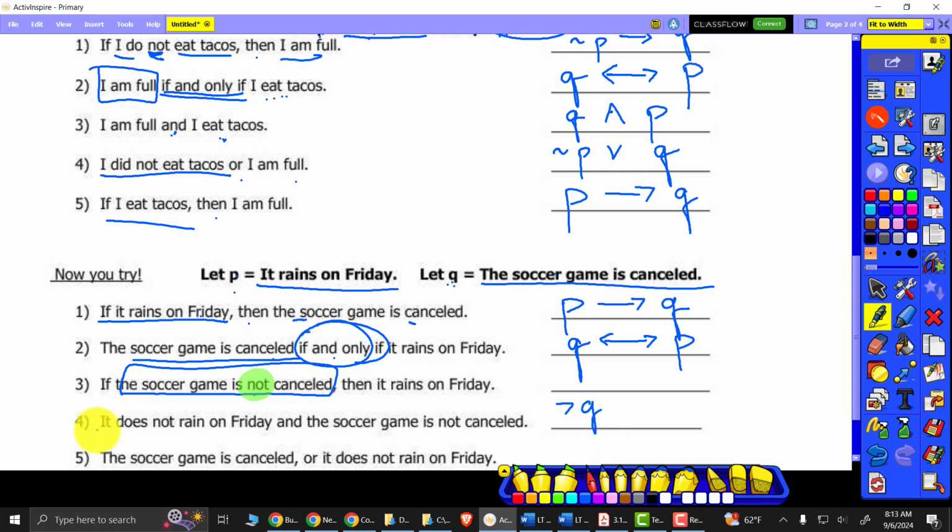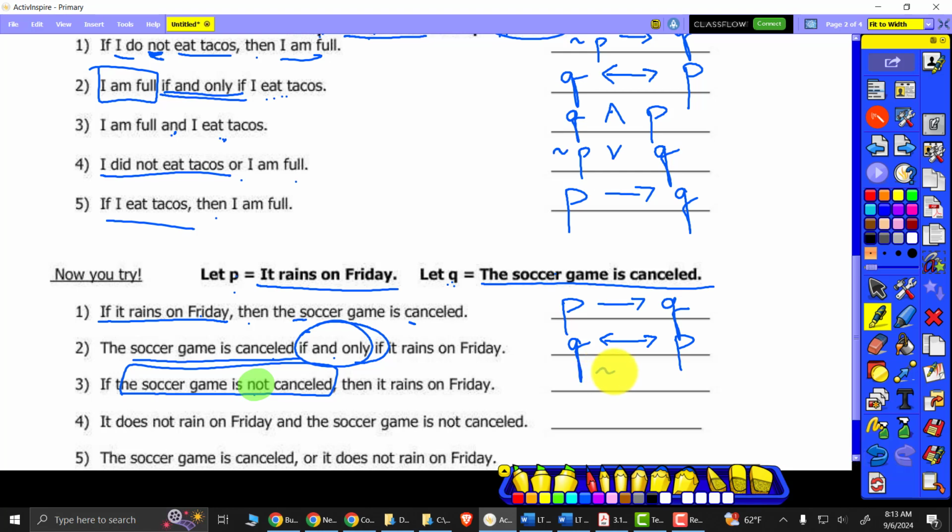I wrote it in the wrong spot. So not Q. Okay, or maybe let me rewrite this one here. Not Q. Okay, or in our notation, we are actually using this one over here.